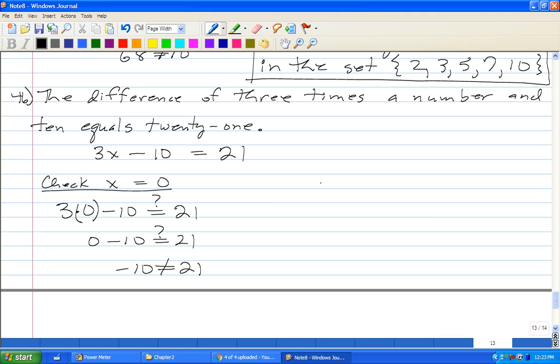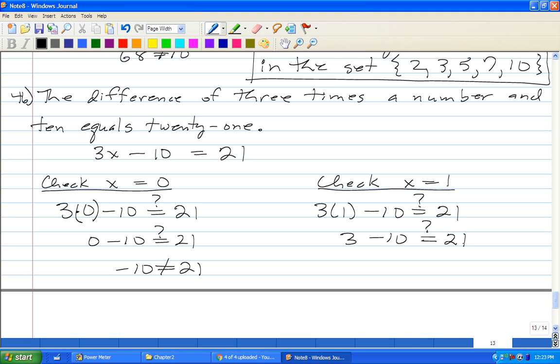Let's check if x equal 1 is the solution. And so is 3 times 1 minus 10 equal to 21? Is 3 minus 10 equal to 21? Well, 3 minus 10 is a negative 7. That's certainly not equal to 21.